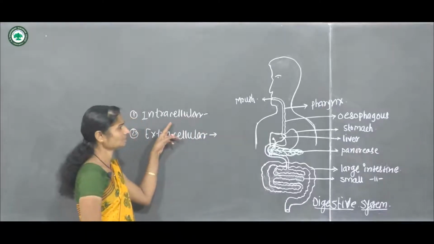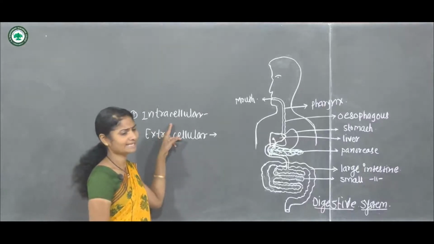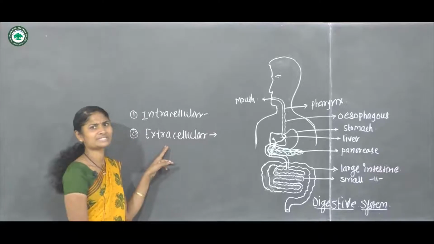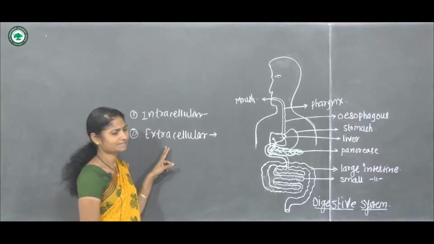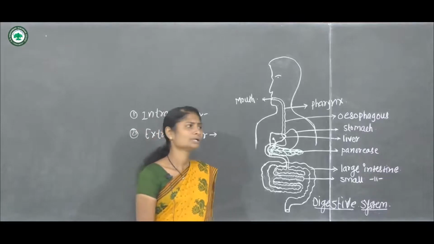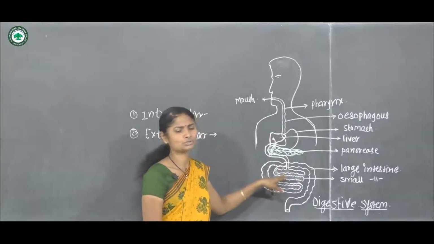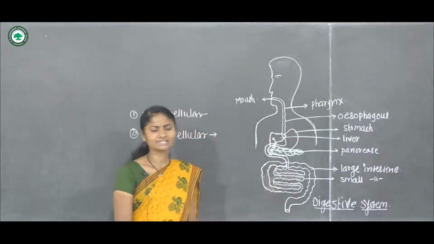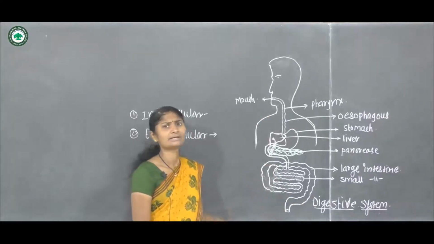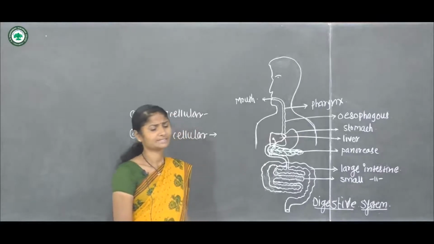This takes place in protozoans as well as coelenterates and sponges. The second type is extracellular digestion. In this digestion, food material is digested in the lumen of the digestive tract, that is, outside the cell, and this type occurs in the higher vertebrates.